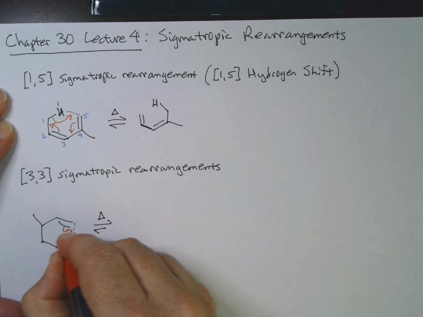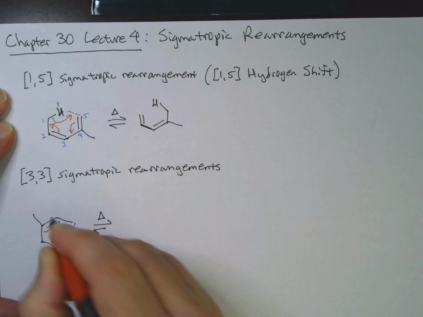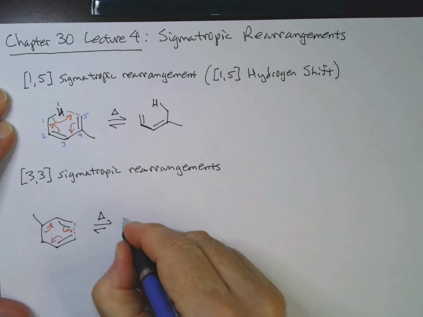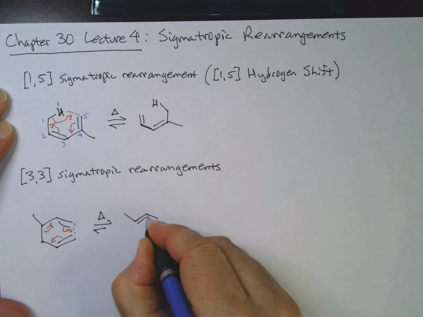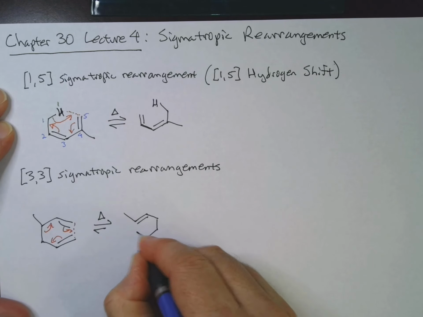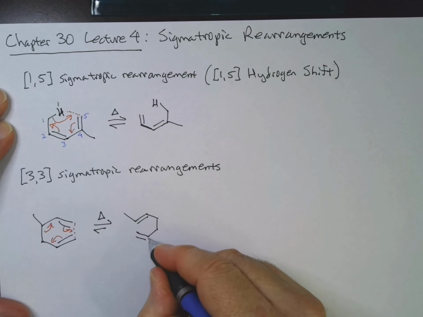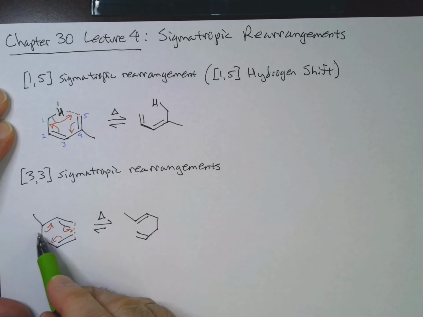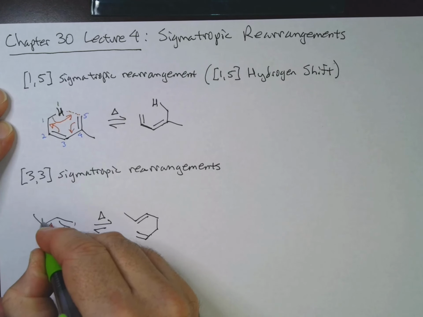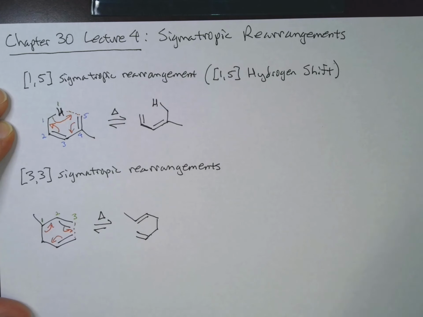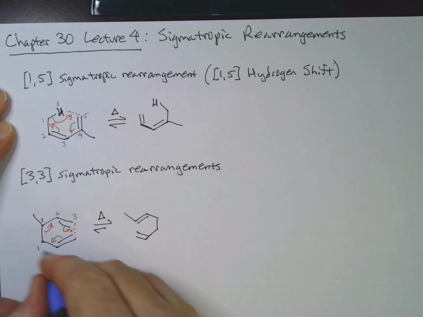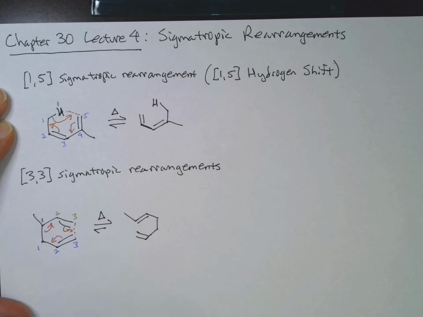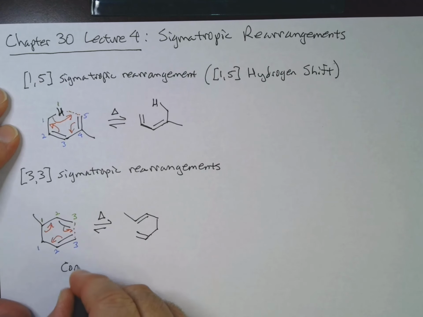So we'll get electrons moving there and moving there. And now I get these new bonds. All right, there we go. And if I number these, so this is new bond forming, bond breaking. So I've got 1, 2, 3, and 1, 2, 3. So that's where I get 3,3. So 3 atoms, 3 atoms. This is called the Cope rearrangement.